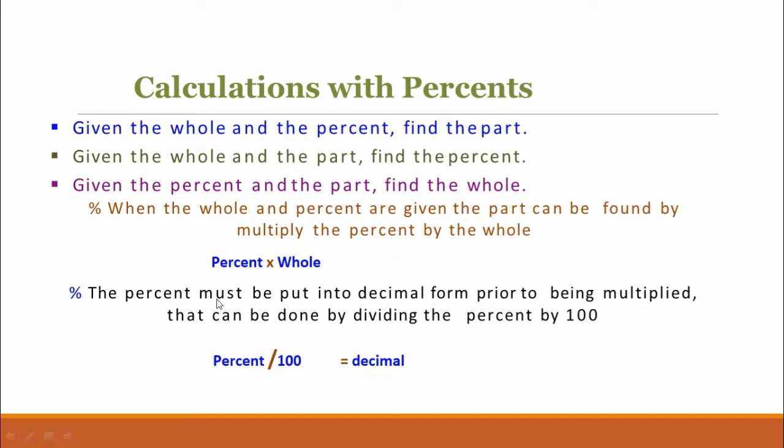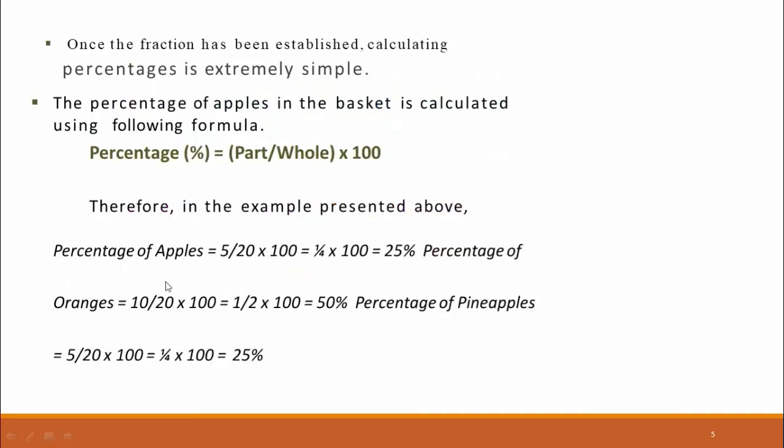The percent must be put into decimal form prior to being multiplied, which can be done by dividing the percent by 100. Percent divided by 100 is equal to the decimal. So dear students, note that through this formula, when percent and part are given, we can find the whole, and when percent and whole are given, we can find the part.